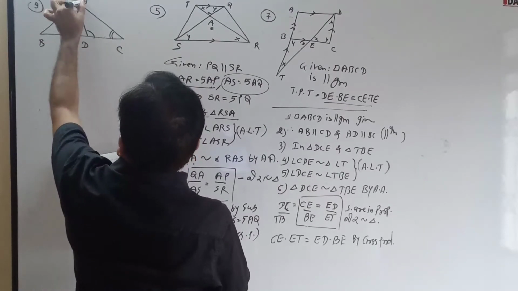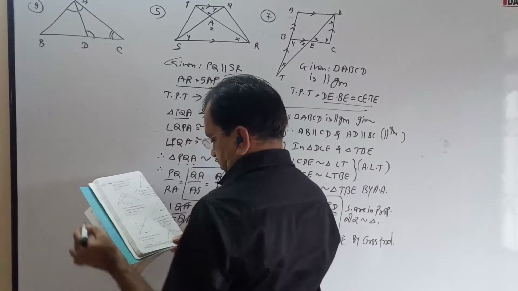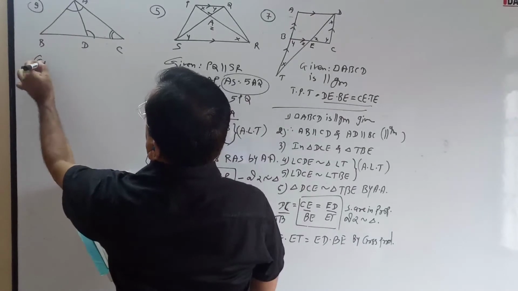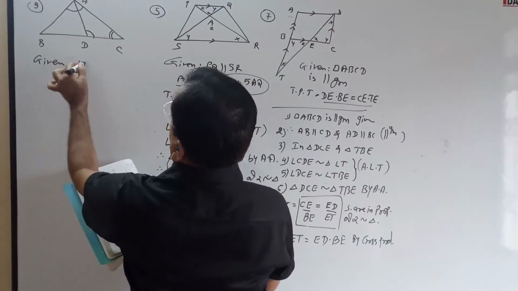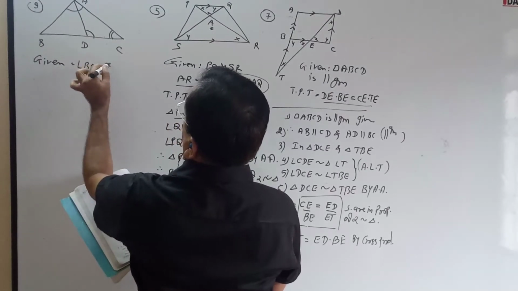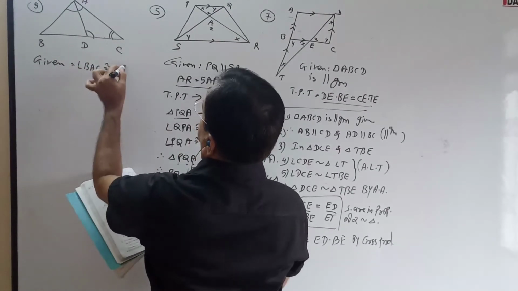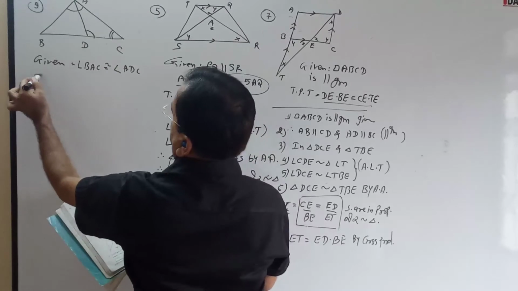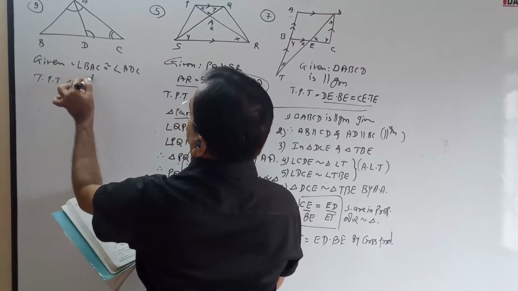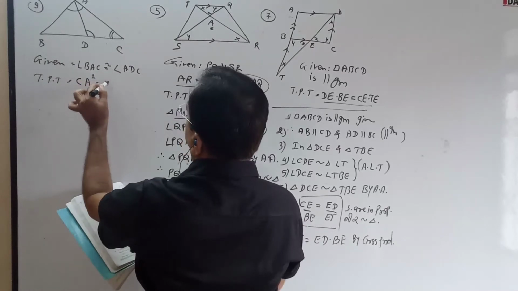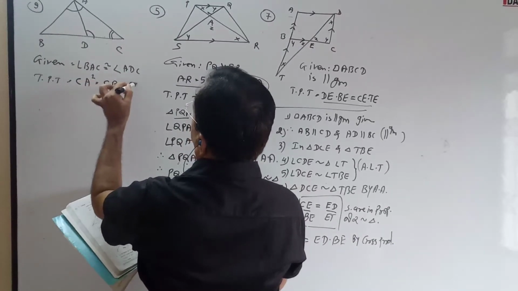BDCA, given angle BAC congruent to angle ADC. To prove that CA square is CB into CD.